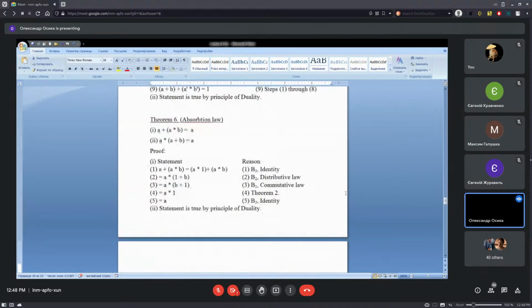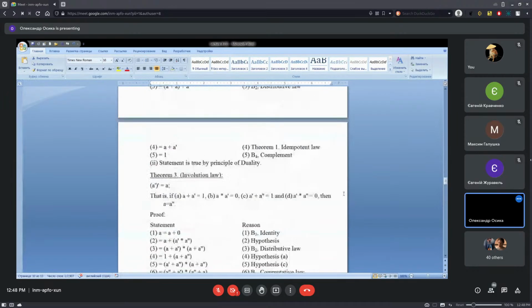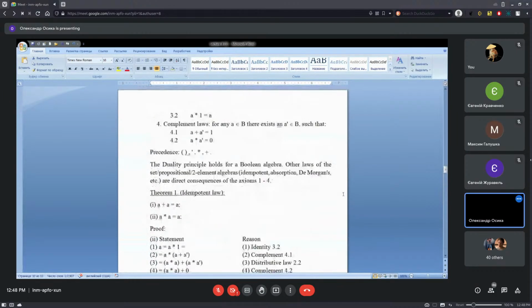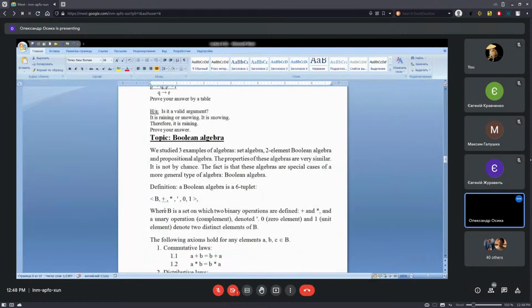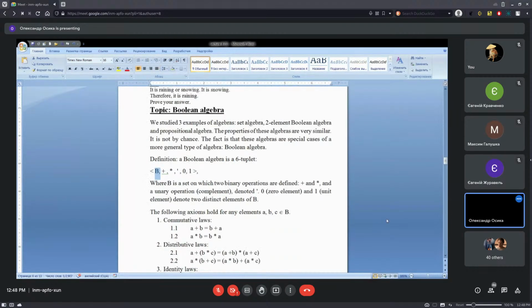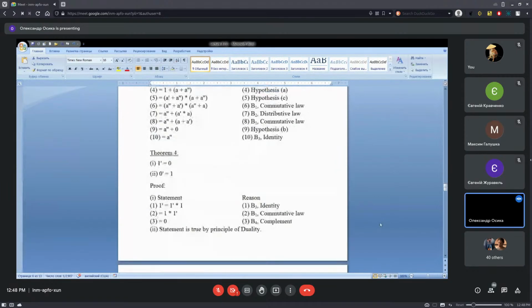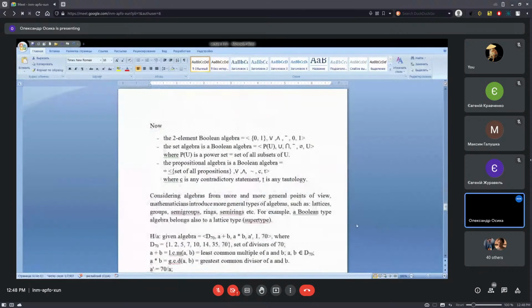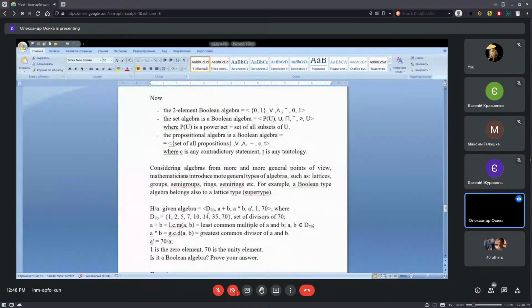It belongs to the set B, which I denoted by D70, the set of divisors of 70.